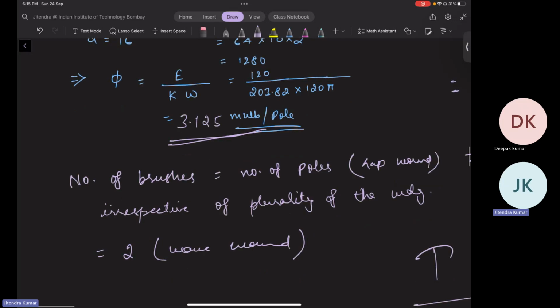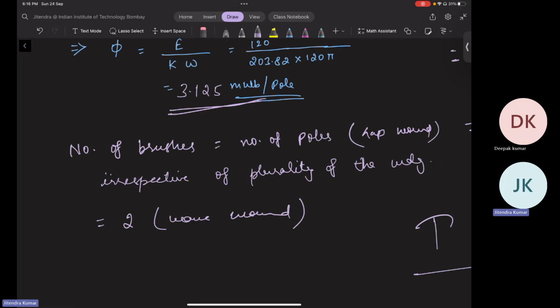So this might be a tricky question, but in the physical sense a pair of brushes would be sufficient for a coil, whether it is simplex, duplex, triplex or quadruplex wound. It won't matter. Is that right? So, sir, the answer is 8. Yes, the answer is 8.